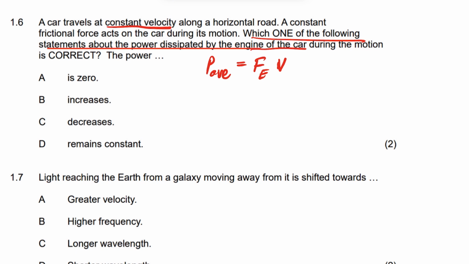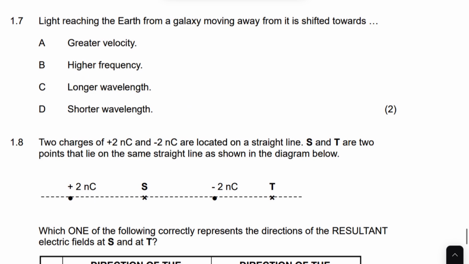If the velocity is constant, the force by the engine will be constant as well. So the power won't be 0, it won't increase, it won't decrease, it will be constant. I hope I make sense there.